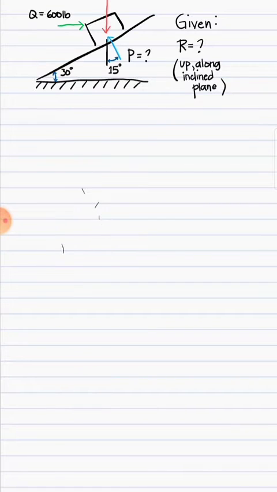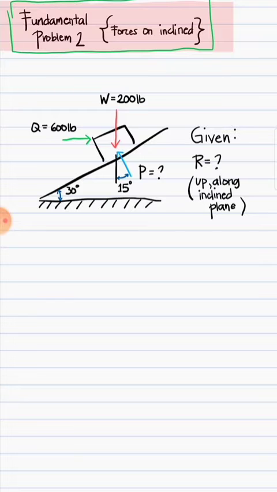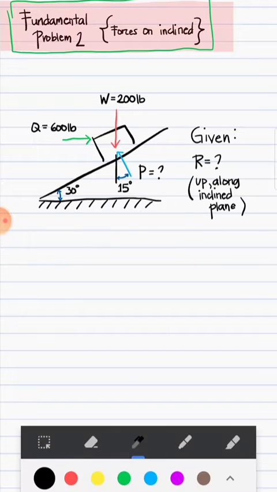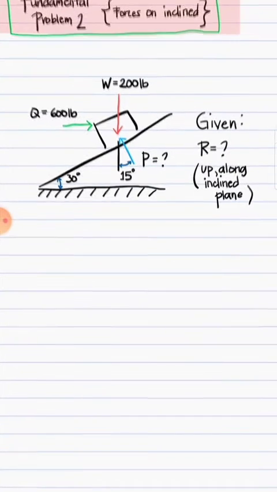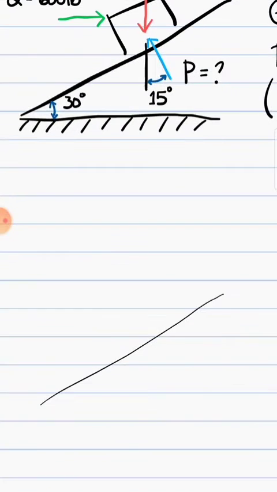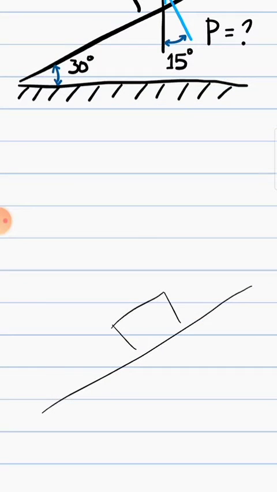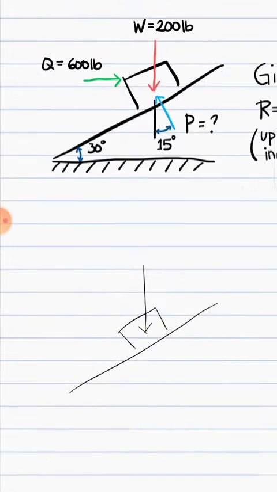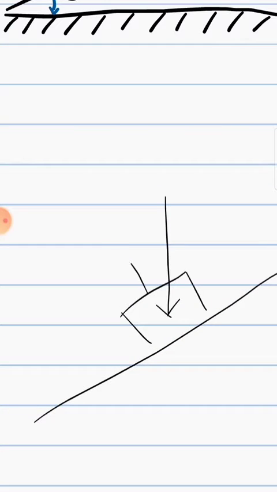So, to apply what we just learned, we can draw the free body diagram of this system. It's like this. We have a box, and we just have to draw the line perpendicular.